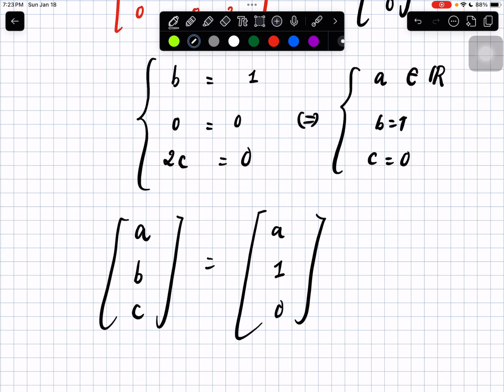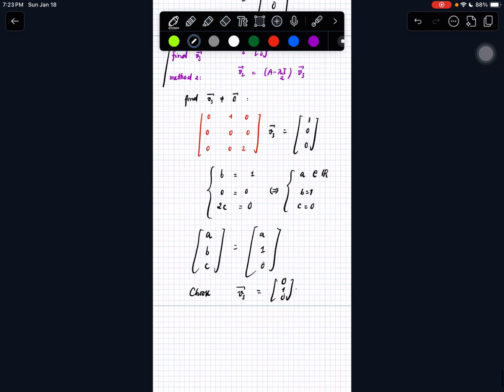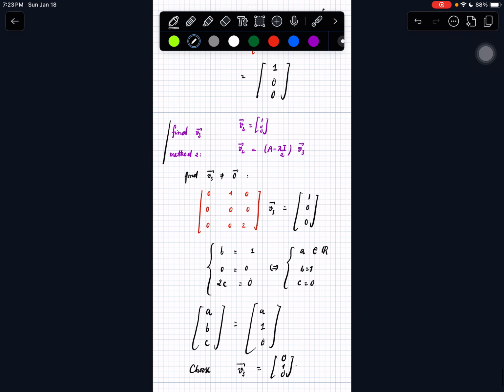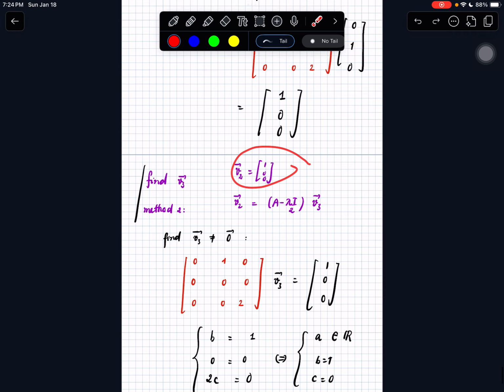So we can choose a to be 0, and V3 to be (0, 1, 0). That will be good. Any a you like. So this is our V3, this is our V2. This V3 is the generalized one.